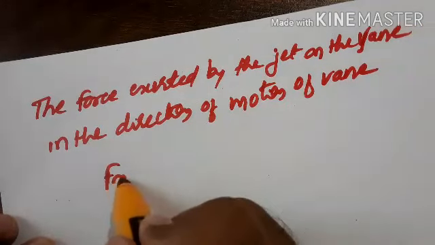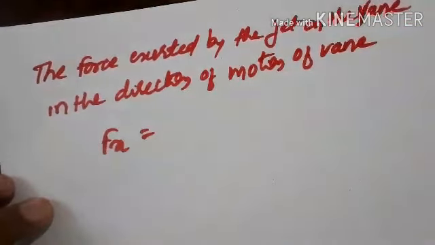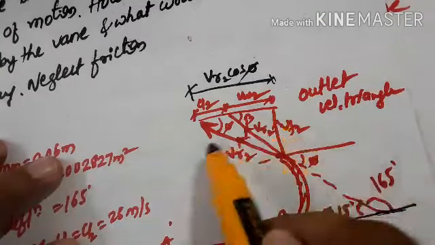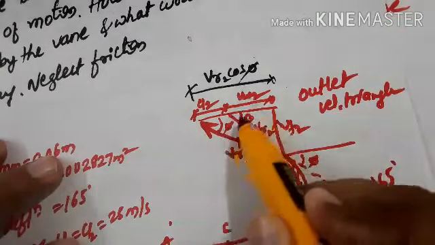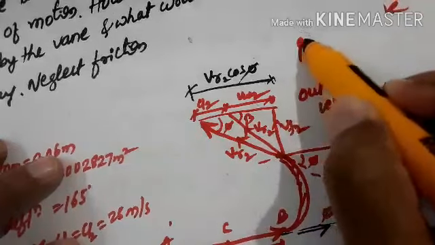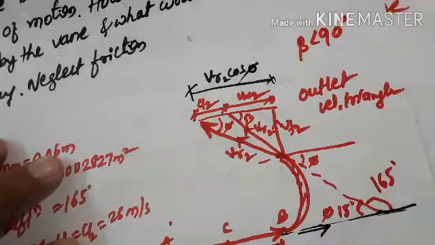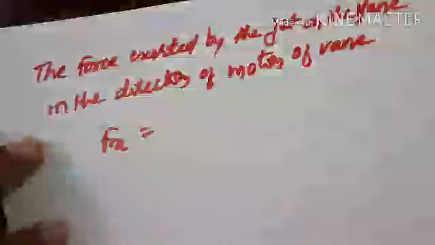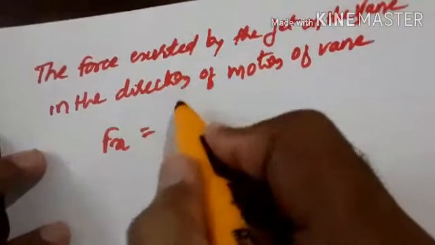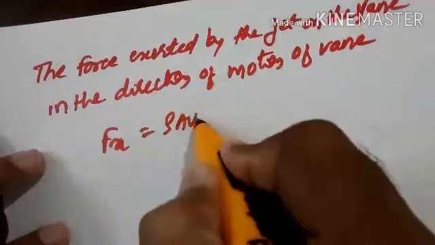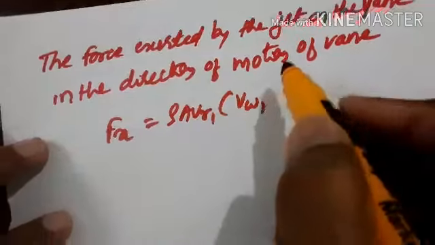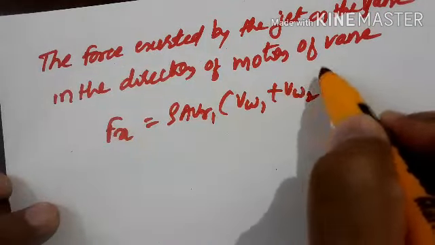Then Fx can be written. Since in this problem, the angle beta is less than 90 degree, for acute angle we write rho a VR1 into VW1 plus VW2.